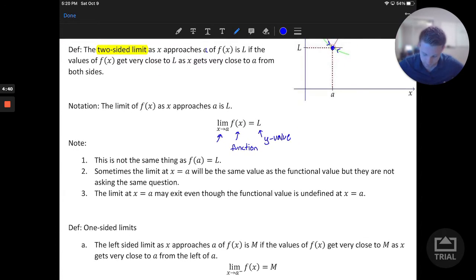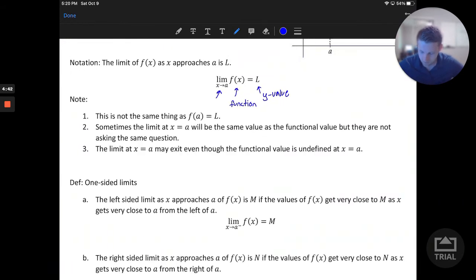A couple notes on this limit concept. Again, this limit concept is not the same thing as saying the functional value f of a is equal to L. That could be true, but it is not asking or answering the same question. Sometimes the limit at x equals a will be the same value as the functional value, but they are not asking the same question.